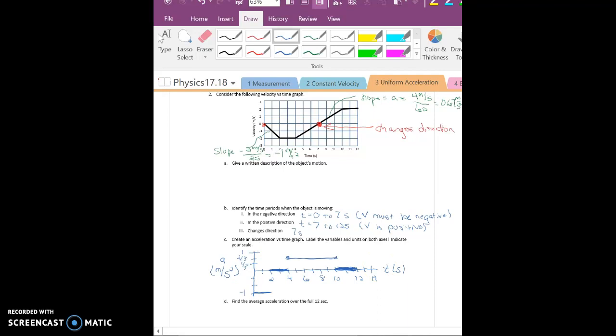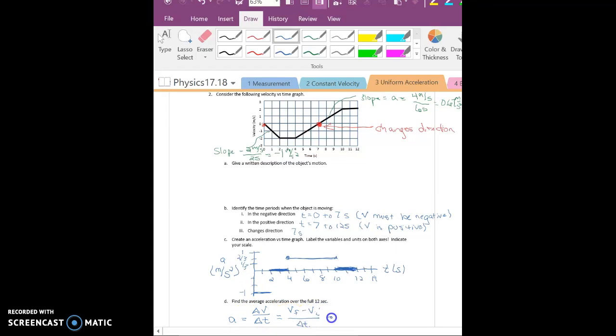Okay, it says, what's the average acceleration? Well, acceleration is the change in the velocity divided by the amount of time that it took for the velocity to change. In physics, when we talk about a delta, a change in something, it's always the final minus the initial.